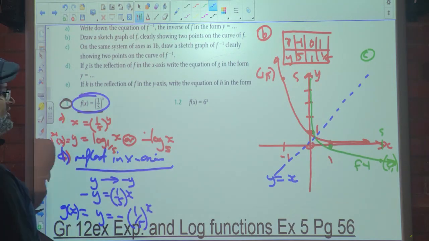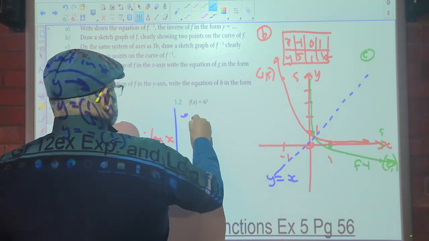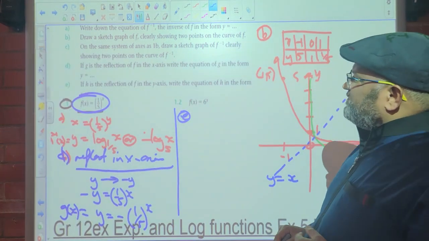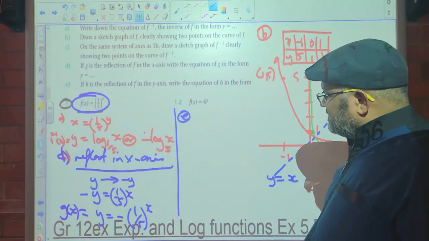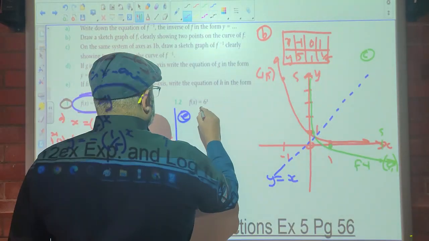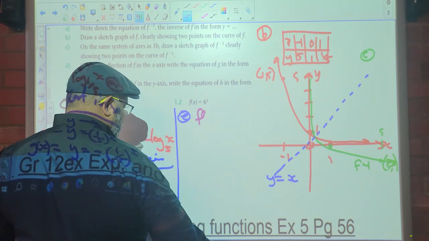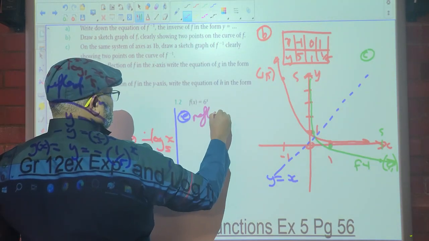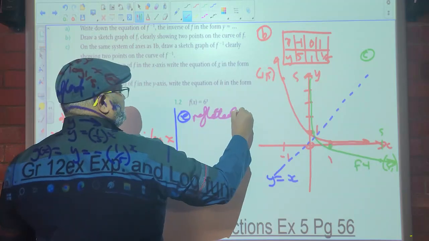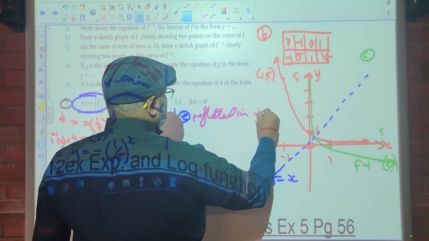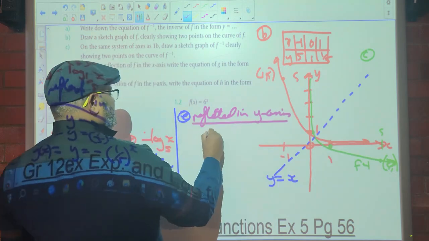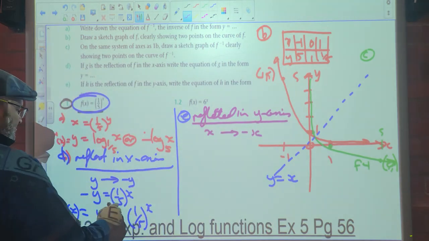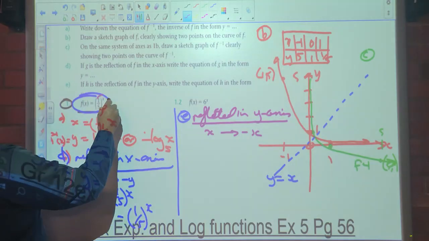Okay, that's D. Let's look at E. In E, if h is a reflection of f in the y-axis, if something is reflected in the y-axis, what do we say? Reflected in y-axis, x becomes negative. So we replace x with minus x.